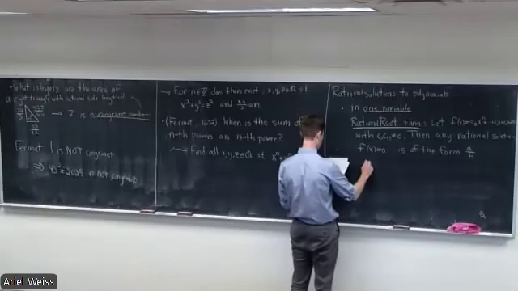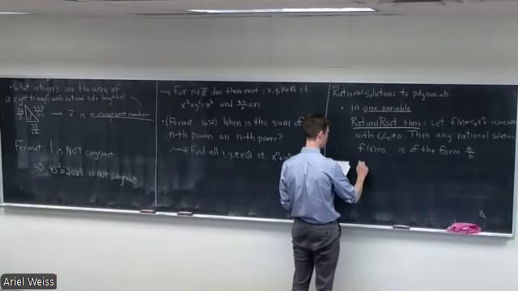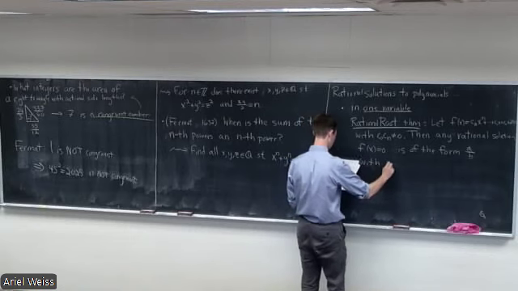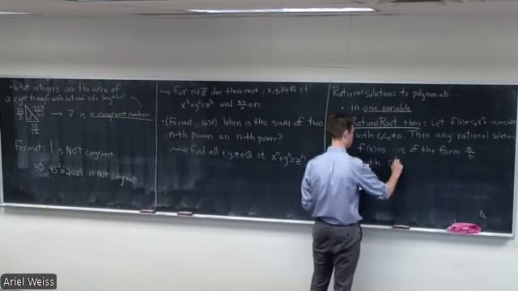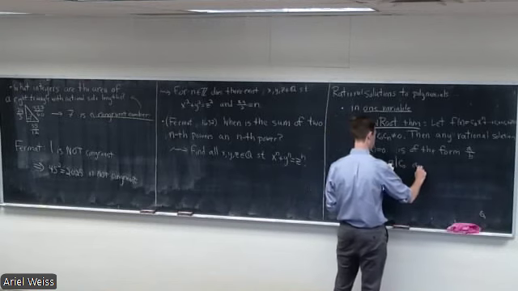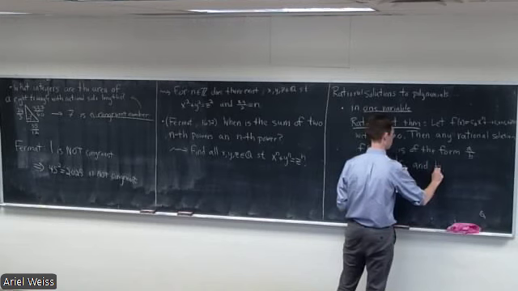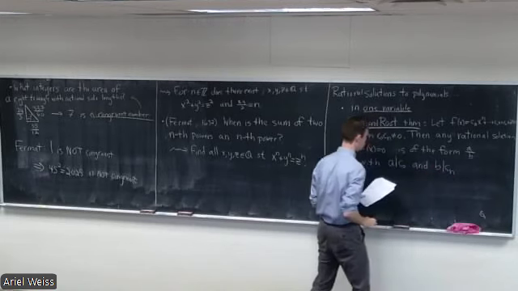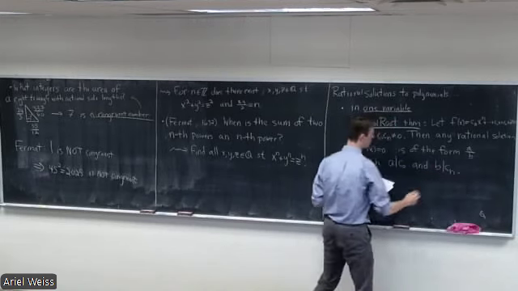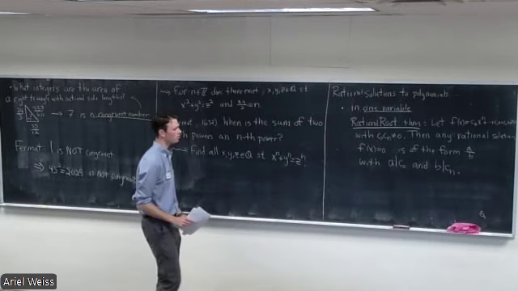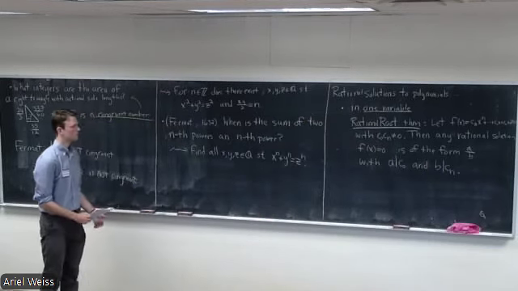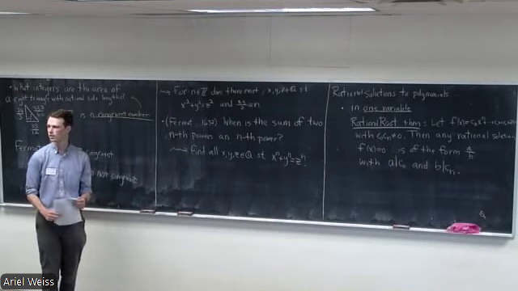You also know that a divides c naught and b divides Pn. And so there'll only be finitely many rational numbers. You can plug them in and see exactly what they are.